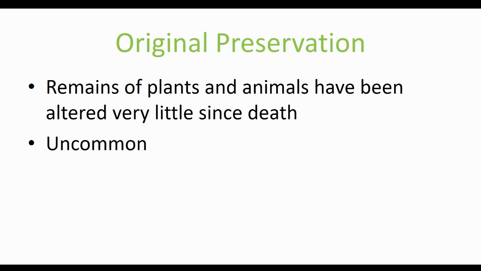The first method of fossilization is original preservation. This means that the remains of the plant or the animal has been altered very little since death. These fossils are going to be uncommon because their preservation requires extraordinary circumstances.